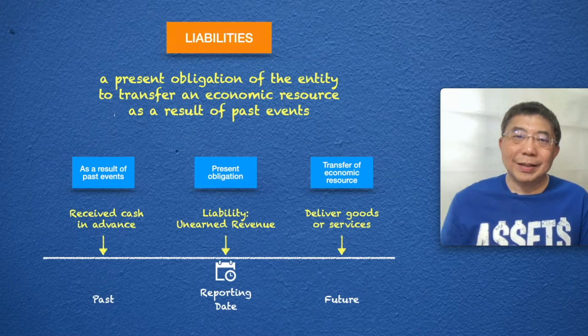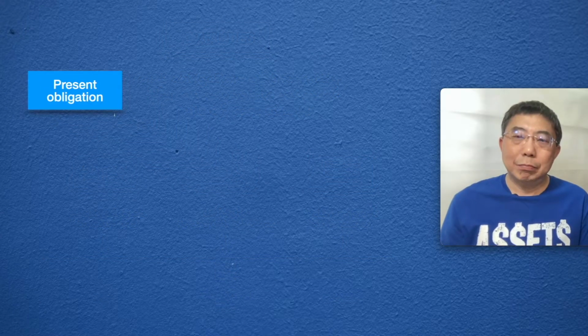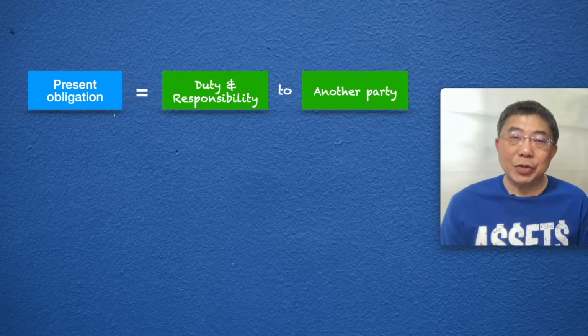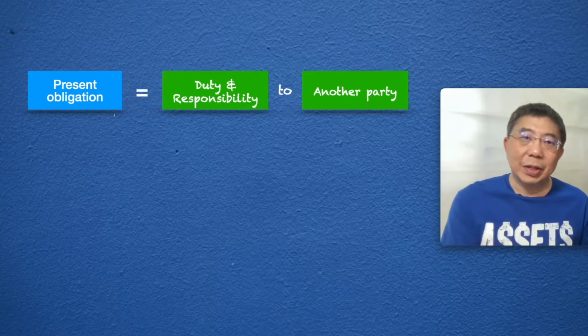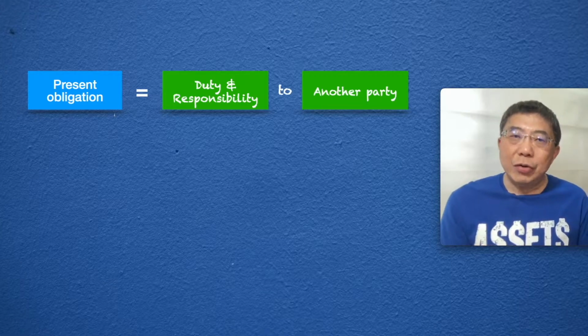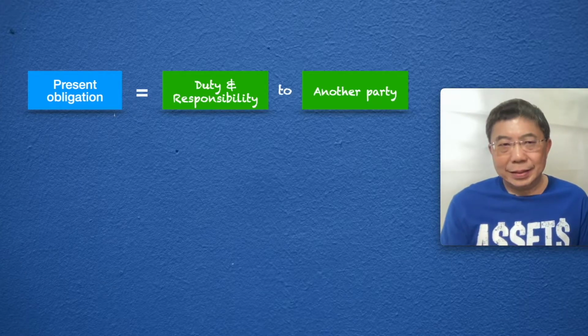Let's now take a closer look at the term present obligation. A present obligation refers to the duties and responsibility of a business to another party. What does duty and responsibility here mean?